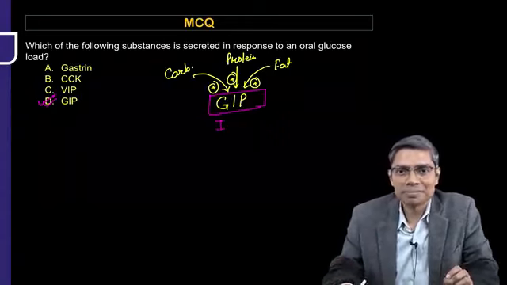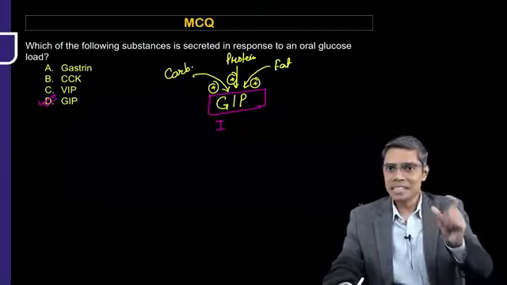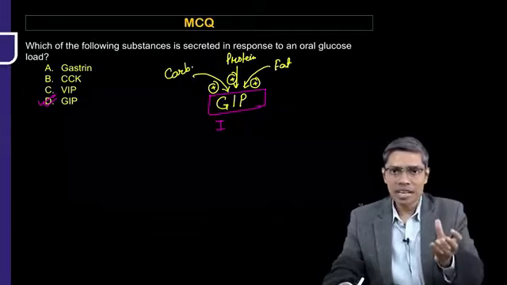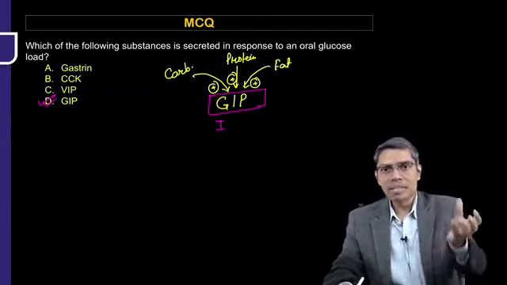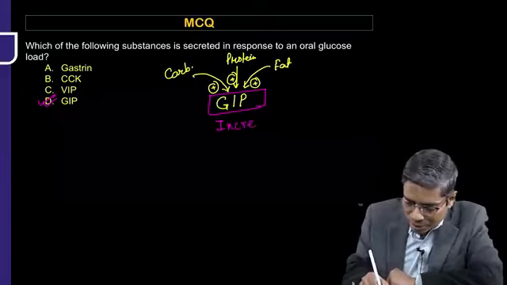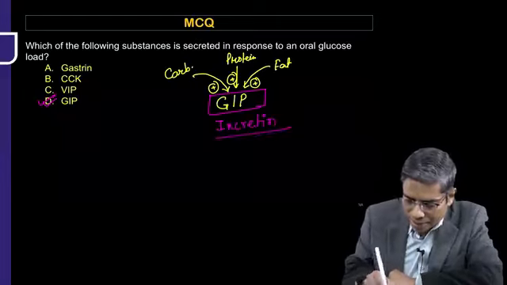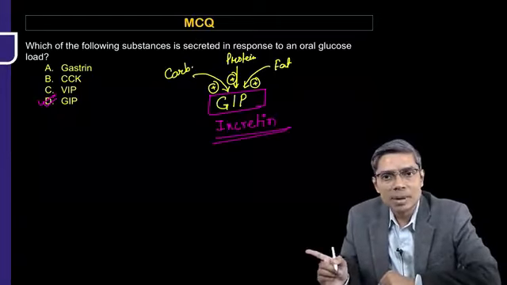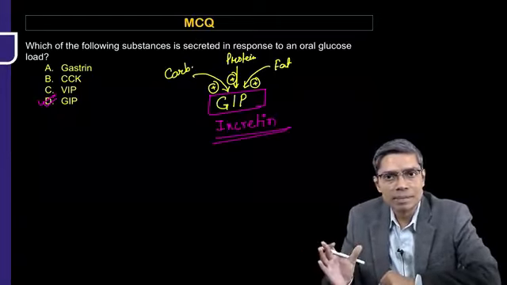So GIP is secreted from the gastrointestinal tract, but its effect is at the beta cell of the pancreas. This kind of peptide is known as an incretin. So what is an incretin? A GI peptide acting at the beta cell of the pancreas for the release of insulin.